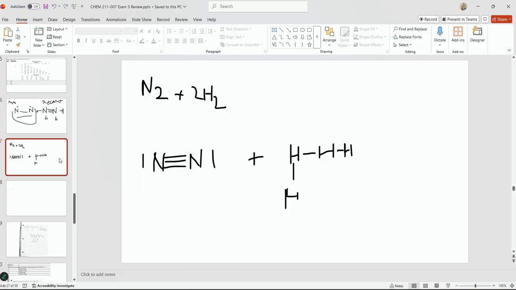Okay, so let me pull out my phone again. All right, so we have it like this. Can you guys see my paper? Yeah. So okay, tell me how many bonds were broken to form the hydrogen here.